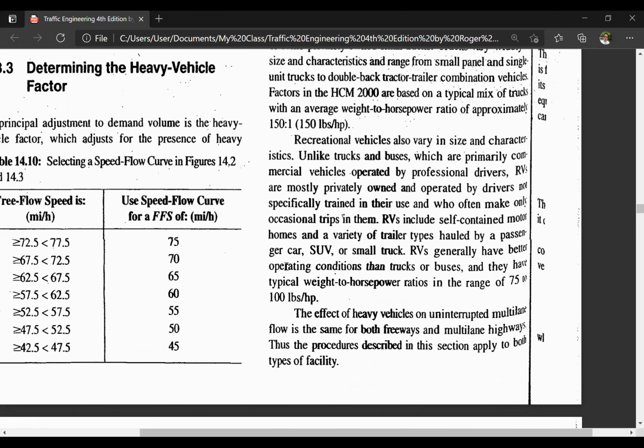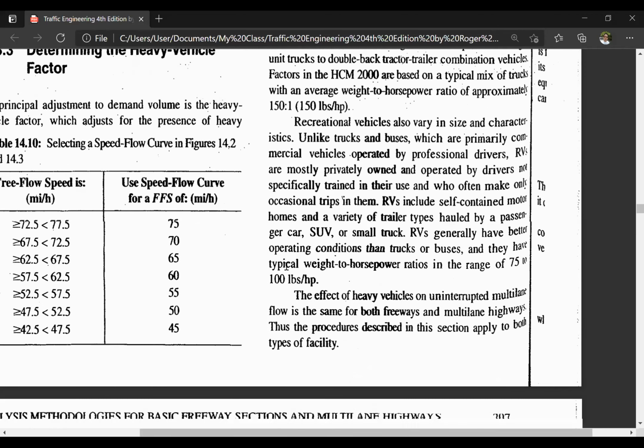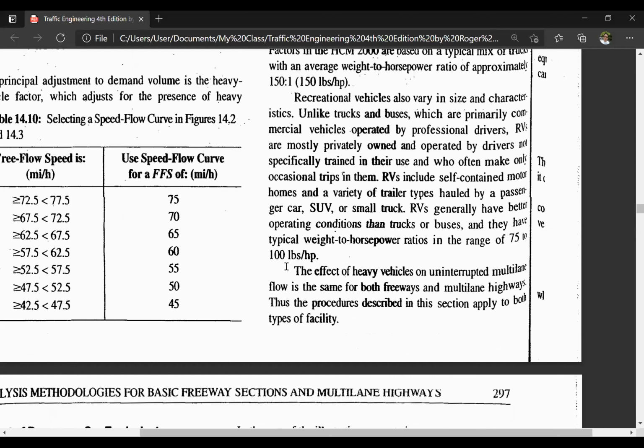RVs generally have better operating conditions than trucks and buses, and they have a weight to horsepower ratio ranging from 75 to 100 pounds per horsepower. In other words, RVs are more capable than trucks and buses.